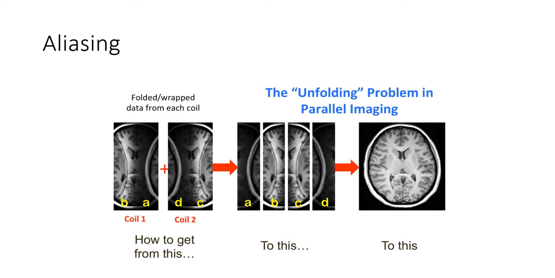The question is, how do we get from this aliased image all the way to the fully reconstructed alias-free image we see on the right here? This is the main question that needs to be answered for parallel imaging MRI techniques.